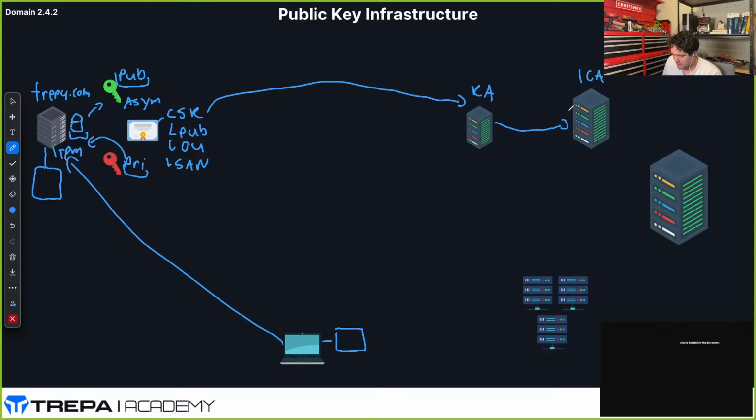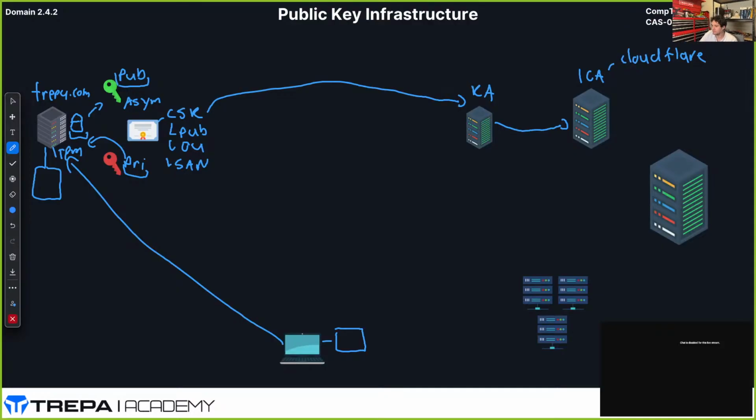Now, before I talk about these CAs, prior to the certificate signing request, the intermediate CA, something like Cloudflare, and a root CA, something like DigiSign, already have trust built between each other.